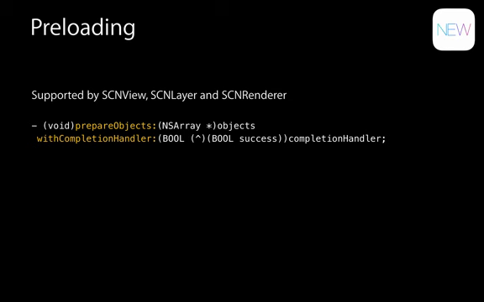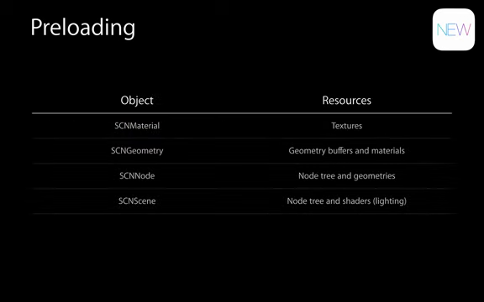To avoid that, you can preload your objects, if you want, with the prepareObjects with completionHandler method on SCNView. You can pass to this method the following objects. If you pass a material instance, SceneKit will precompute all the textures that are referenced by this material.